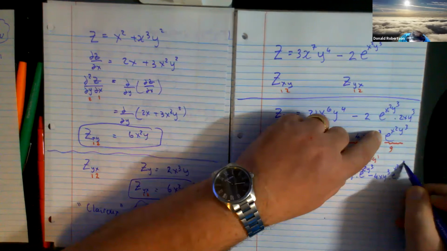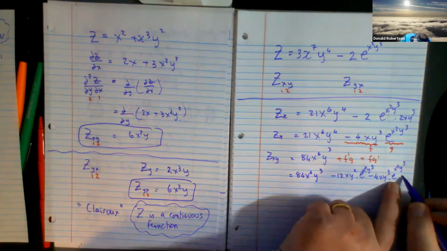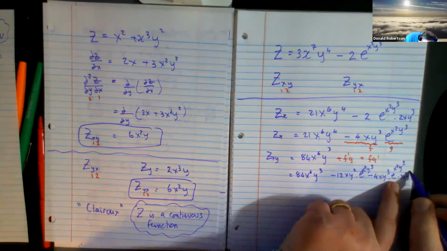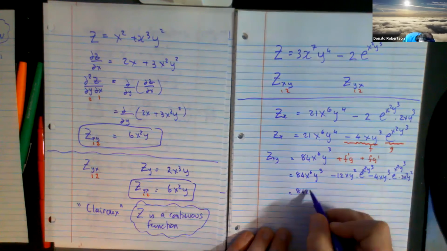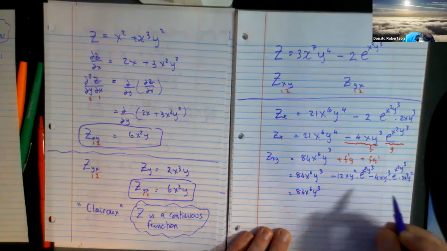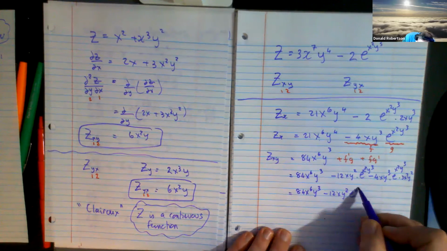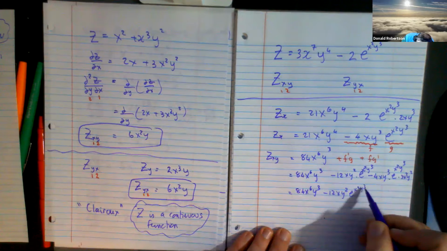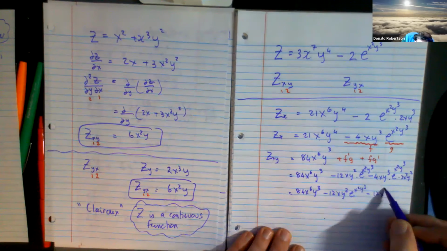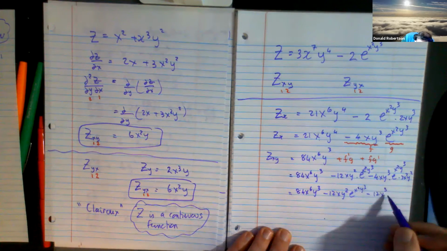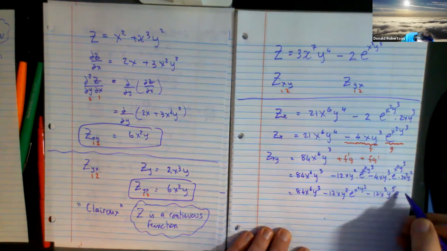And since we are doing it with respect to y, another 3x squared y squared. So what does that get me? 84 of this guy, negative 12 of this guy, and that is negative 12, and that is x cubed, and that is x y to the 5, all over that guy.